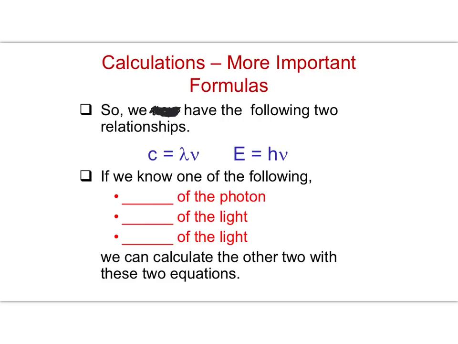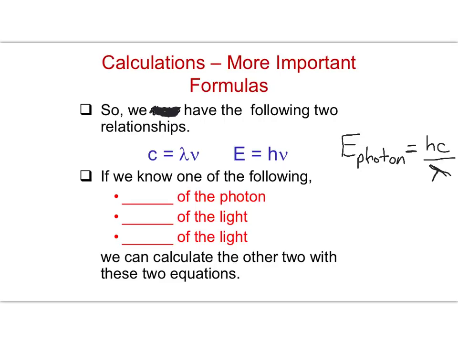Also, from these two equations, doing a little algebra, you have E, the energy of a photon, is equal to hc over lambda. That's just combining these two equations. So, the energy of a single photon.